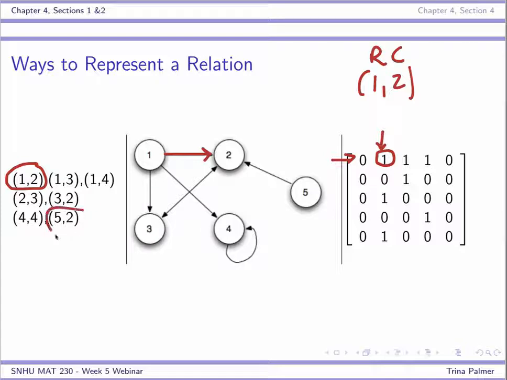Let's look at 5, 2. Because 5, 2 is in there, there should be an arrow going from 5 to 2. There is. Good. And in row 5, column 2, there is a 1. Are you guys okay with the different representations?